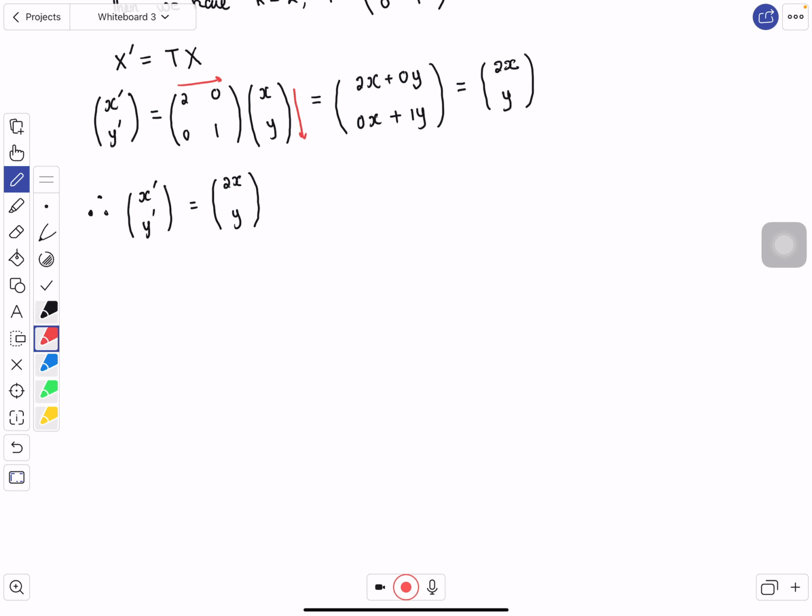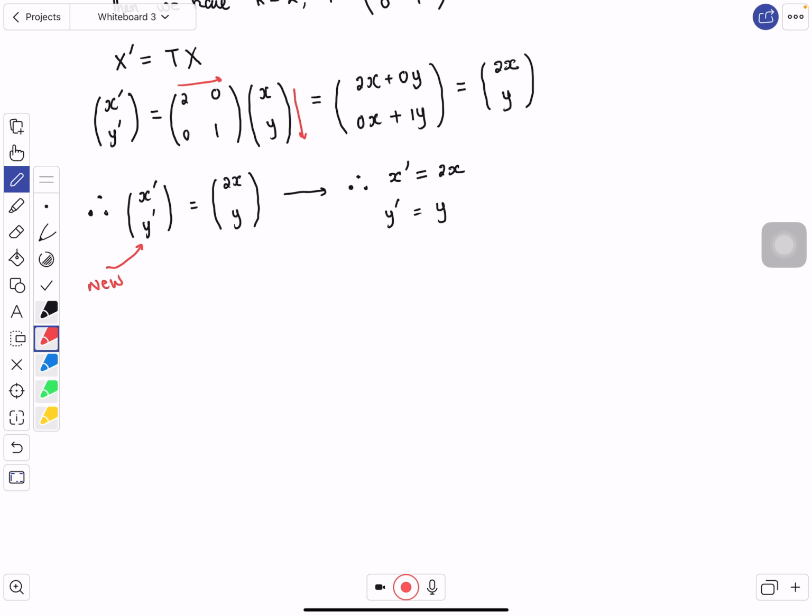So expanding this out, we get x dash equals 2x and y dash equals y. The y doesn't change, as we expected, because we're moving away from the y-axis, so just the x is changing.